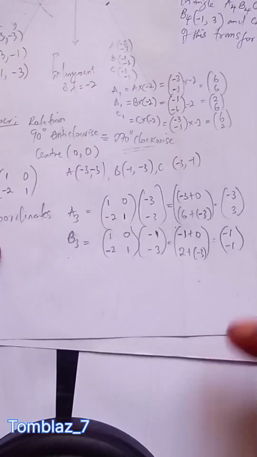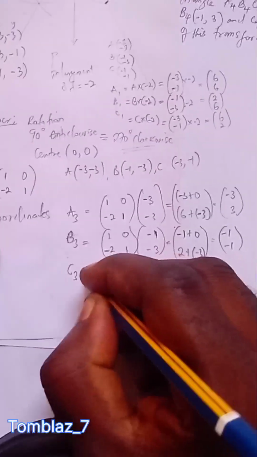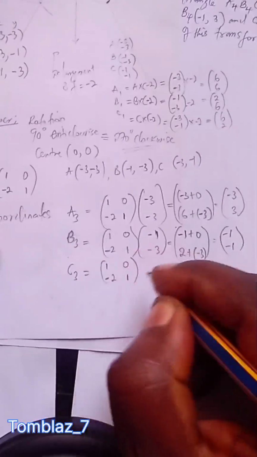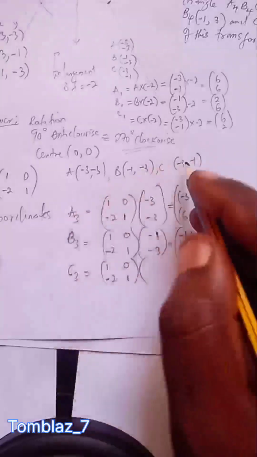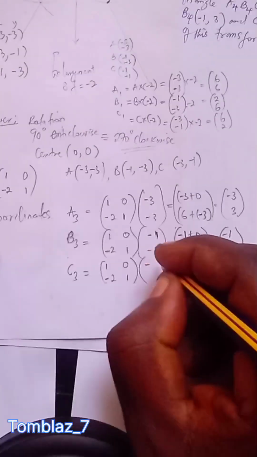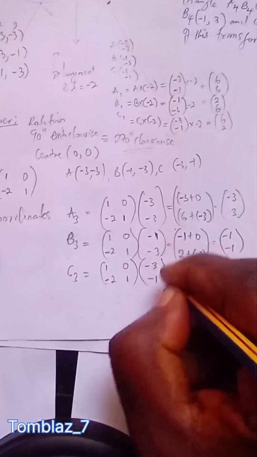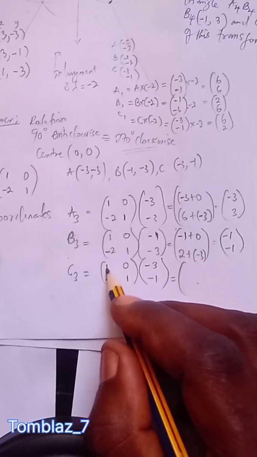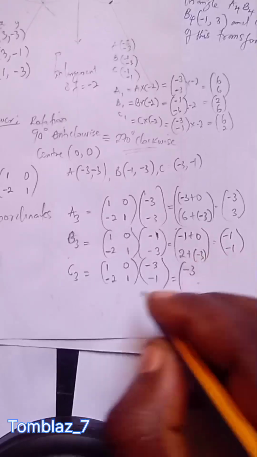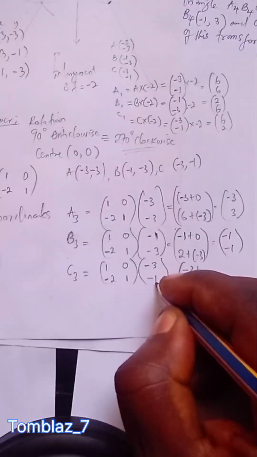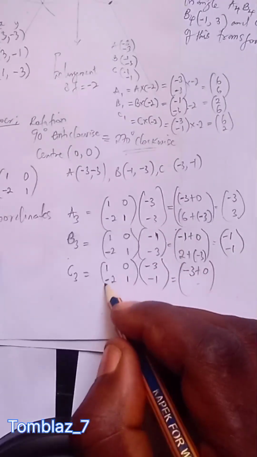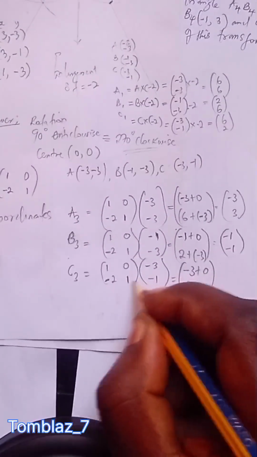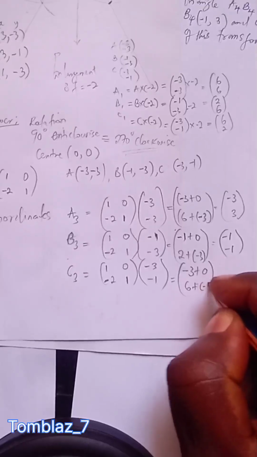So let's look for C3. Let's bring the matrix again, -2 and 1. So let's bring the matrix of C, the coordinate of C, -1. So let's do the multiplication again. 1 times -3 will give you -3, plus 0 times -1 will give you 0. -2 times -3 will give you 6, plus 1 times -1 will give you what? -1.